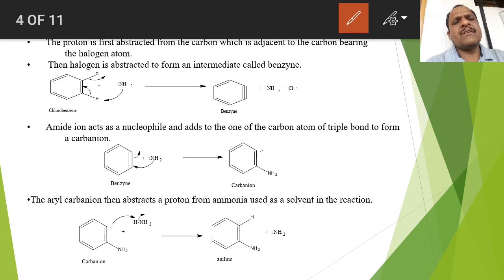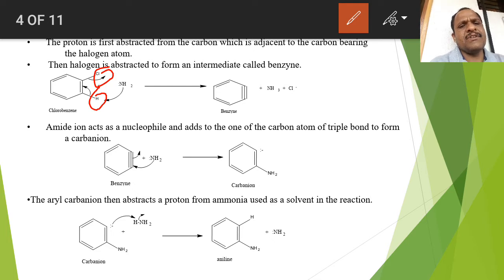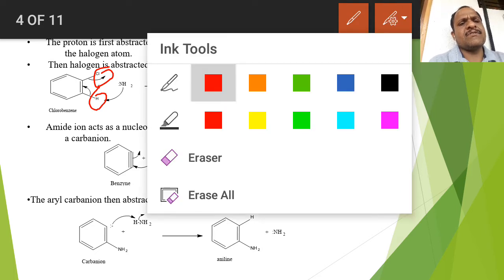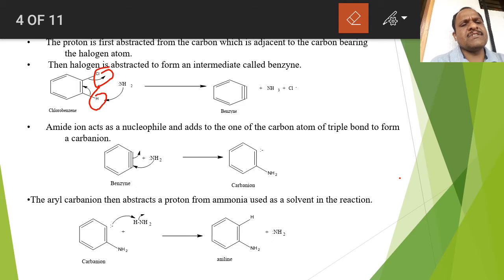Loss of hydrogen and Cl, that means hydrogen and halogen, is called a dehydrohalogenation reaction. In any reaction where such a loss takes place, that reaction is called a dehydrohalogenation reaction.